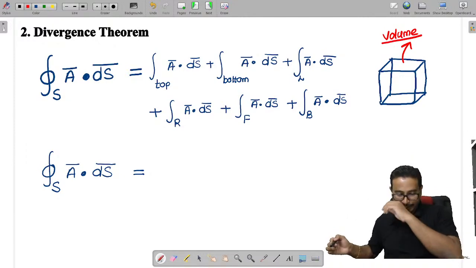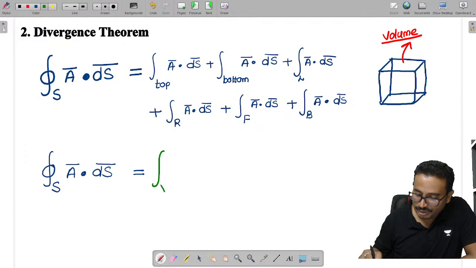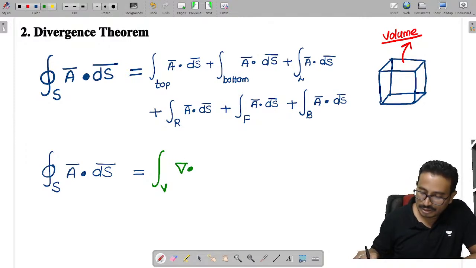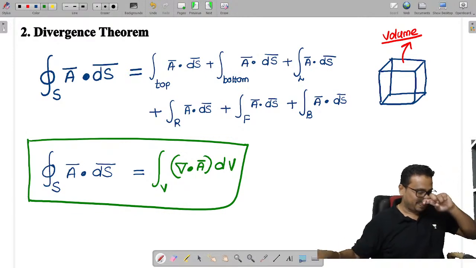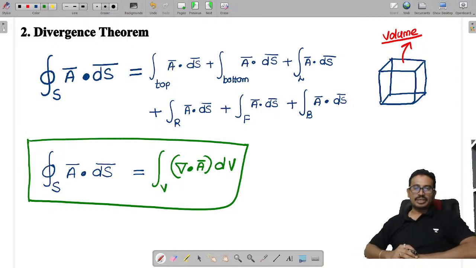So this closed surface integral I am converting into a single volume integral like this, that is del dot A dv. This is the divergence theorem. So by using this divergence theorem, the closed surface integral is converted to the volume integral and vice versa.